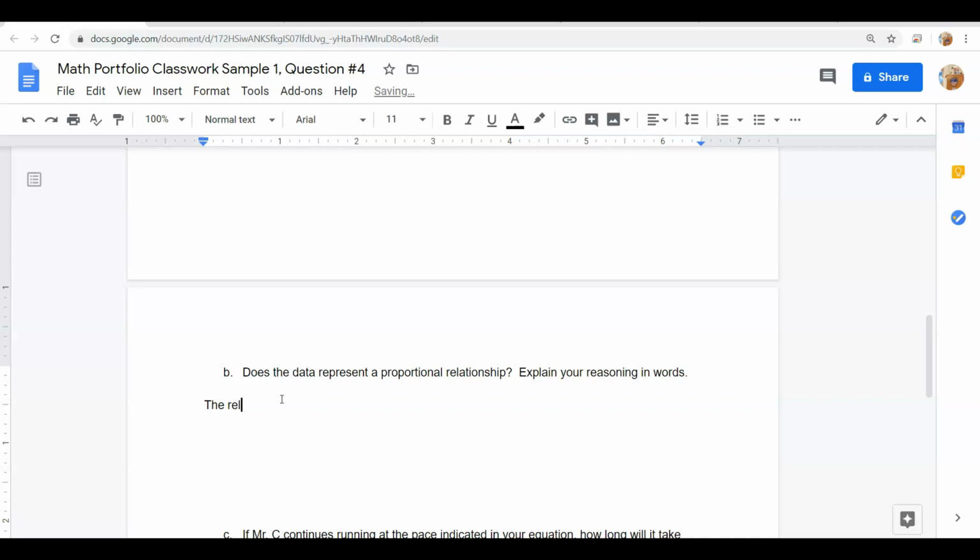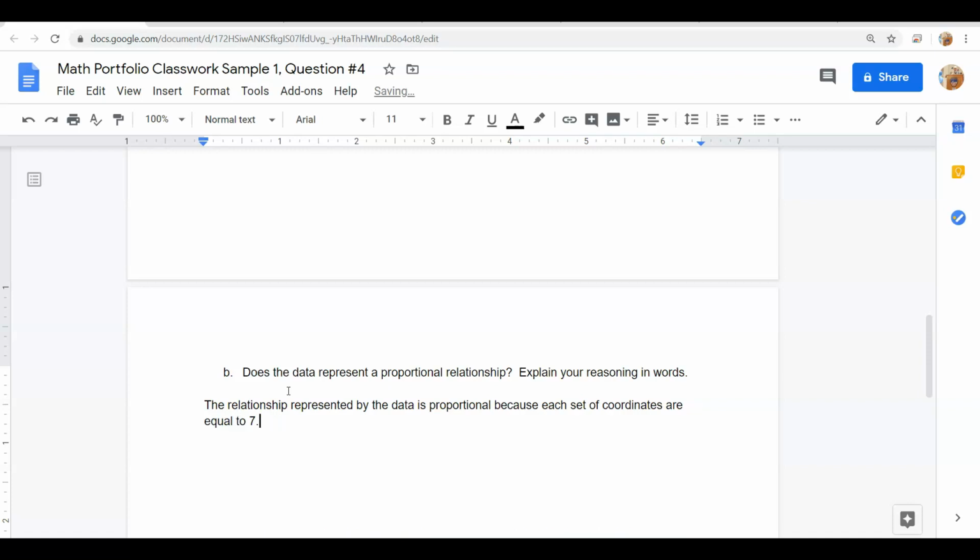So the relationship represented by the data is proportional because each set of coordinates are equivalent to 7, or are equal to 7.